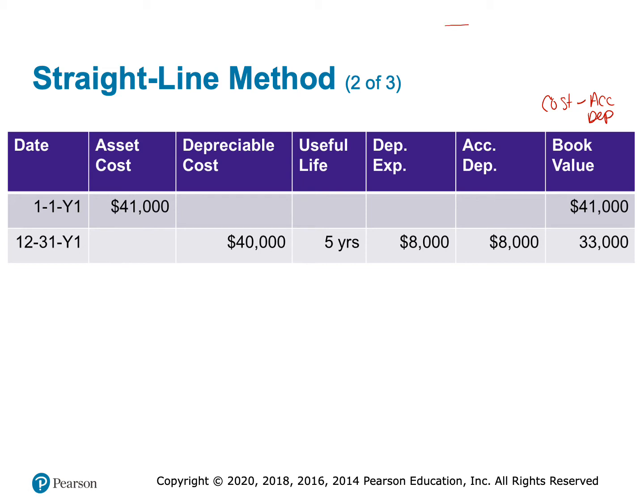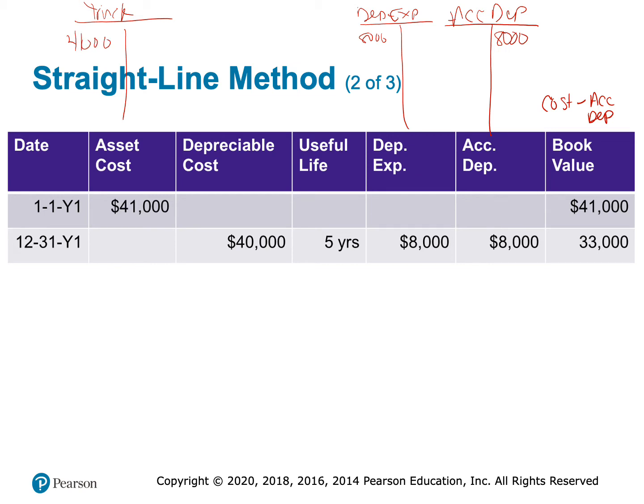So remember, if we look at our accumulated depreciation T account, I'm going to credit it for $8,000 and I will have debited depreciation expense for $8,000. And the truck is sitting over here in my T account at $41,000. Okay. So on the 12/31 of year 1 balance sheet, I'm going to list truck at $41,000. I'm going to list accumulated depreciation of $8,000, and that's going to give me a book value of $33,000.